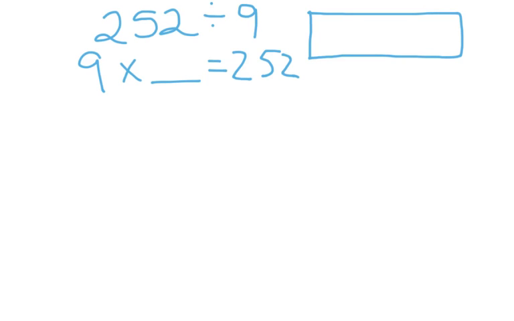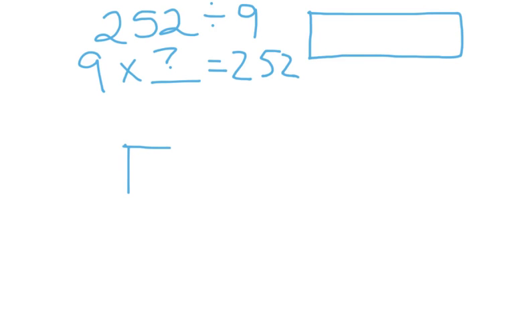Even if we go all the way up to 9 times 9, 9 times 9 is 81. That's not getting us anywhere close to 252. So we're going to have to figure out what number goes here that we can multiply by 9, and it's going to give us the total of 252. So the first strategy we're going to be using here is the place value strategy.